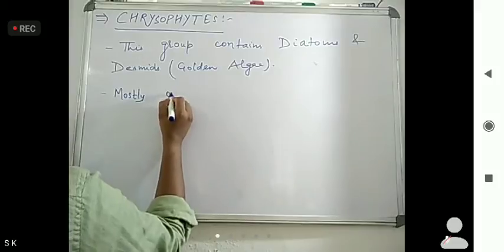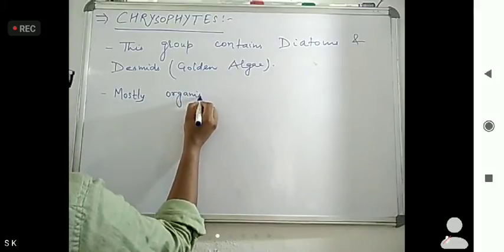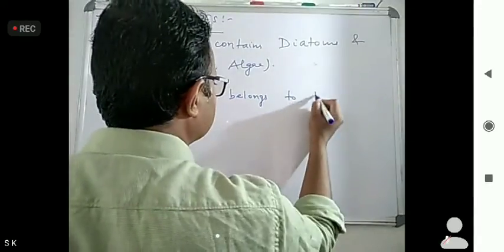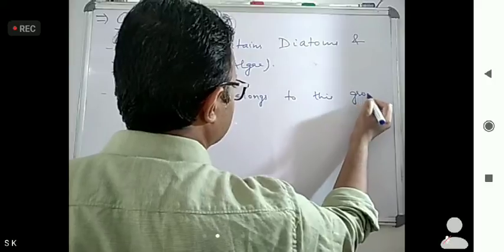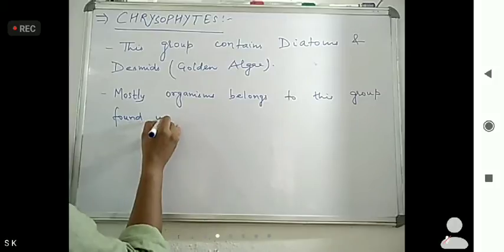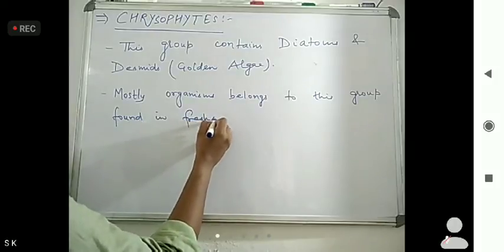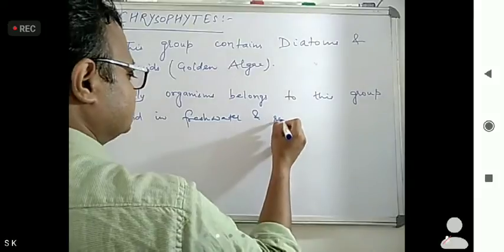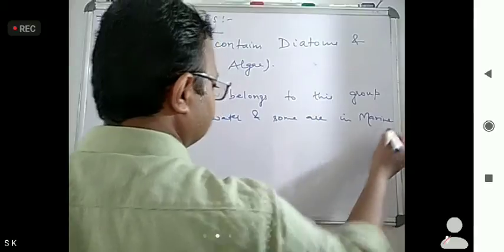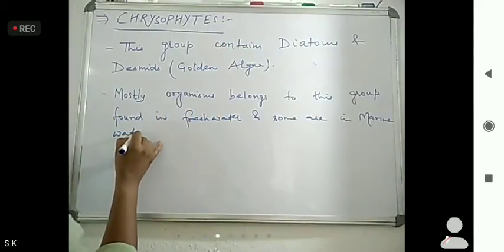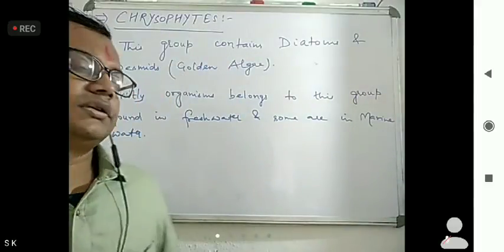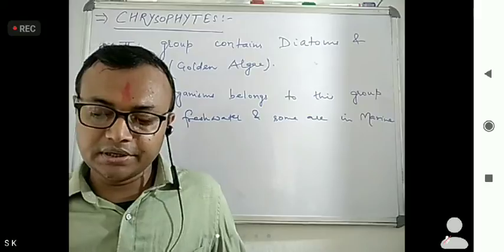Mostly organisms belonging to this group are found in fresh water and some are in marine water. Okay, so some are found in fresh water and some in marine water.